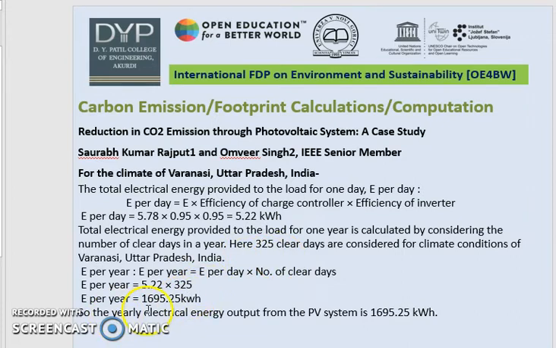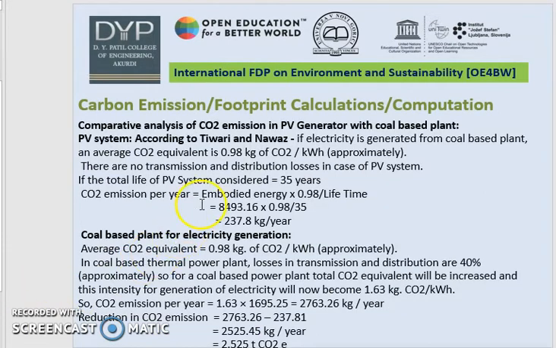So E per year is 1695.25 kilowatt hour. The yearly electrical energy output from the PV system is 1695.25 kilowatt hour.